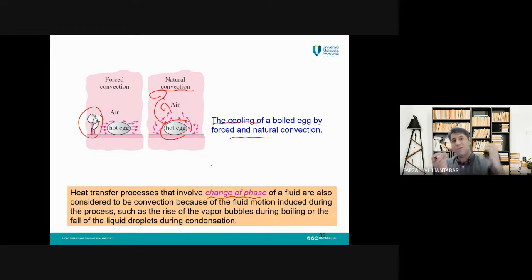So we have motion of the fluid, and that kind of heat transfer is also convection heat transfer, and it is a really high value of heat transfer. Because of that, adding ice to the water is a very effective way of cooling down the water. And also the other type of phase change process.